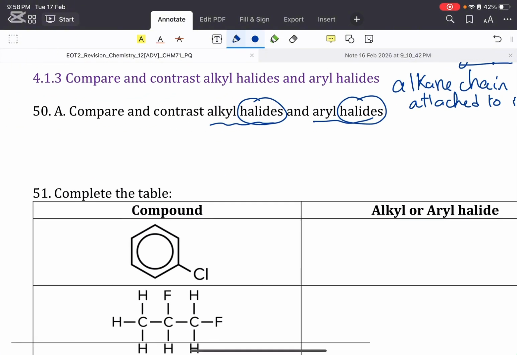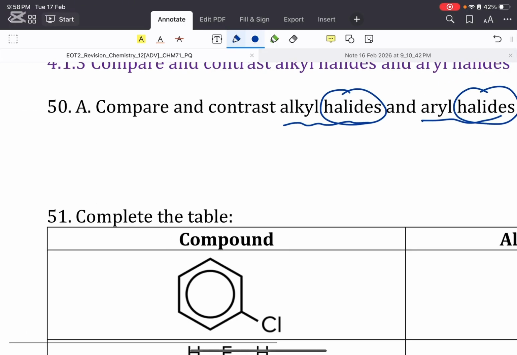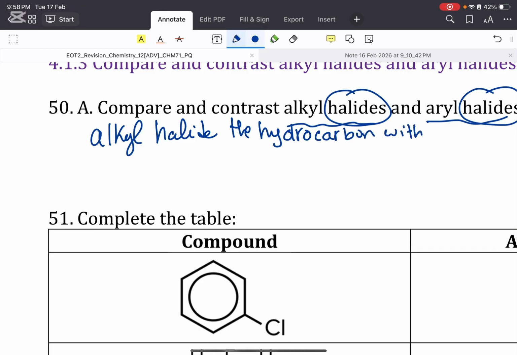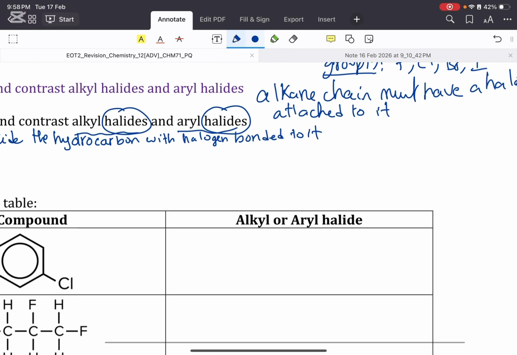Now, what's the difference between alkyl halide and aryl halide? Alkyl halide is the hydrocarbon with halogen bonded to it. Now, the hydrocarbon must be aliphatic.